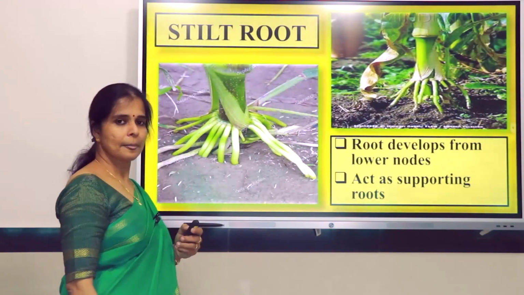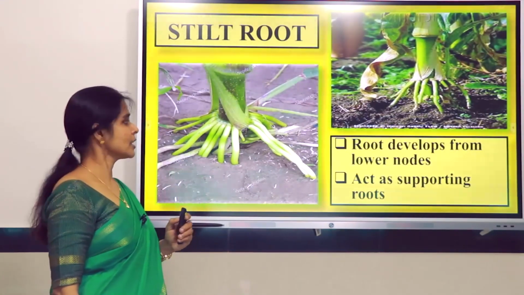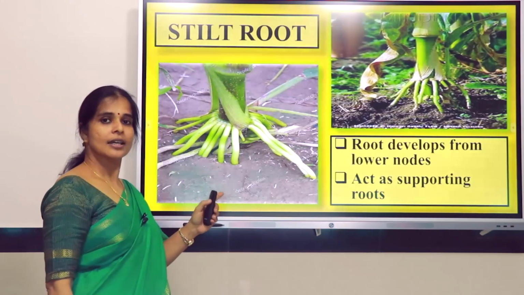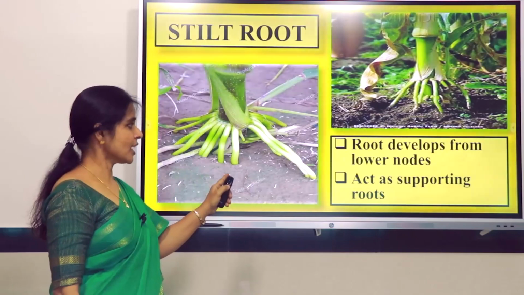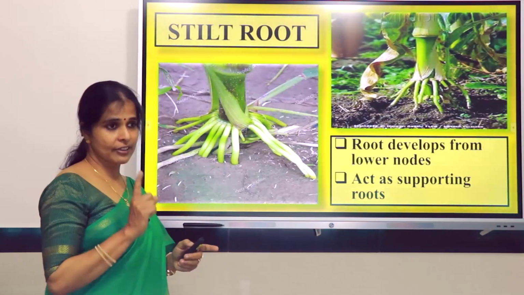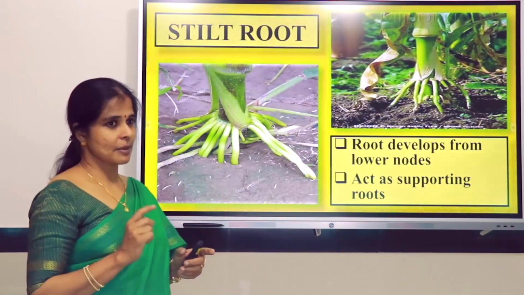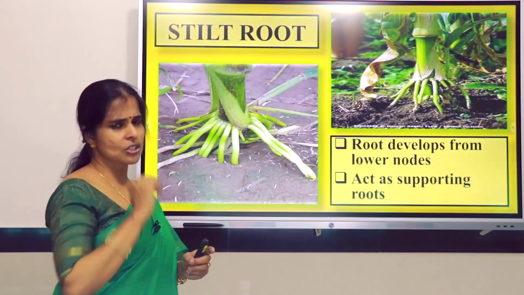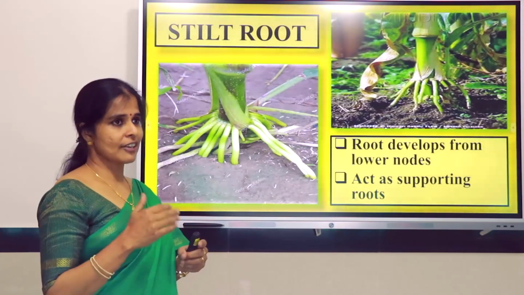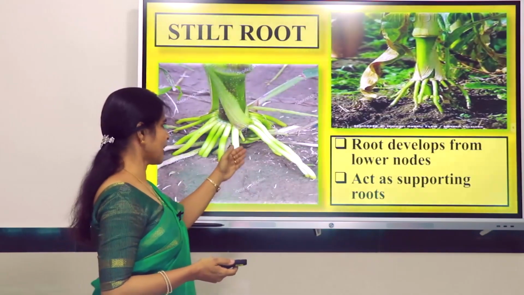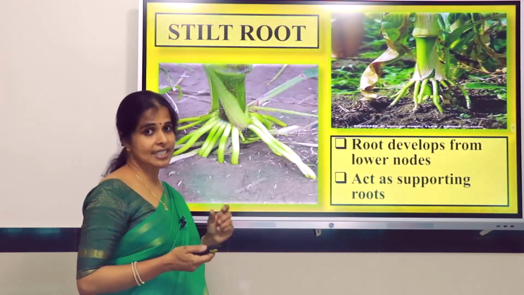One more type also functions for support, but this is not for huge trees. These are for plants which have a weak stem, normally shrubs. Shrub plants cannot survive in the field if they do not have support.